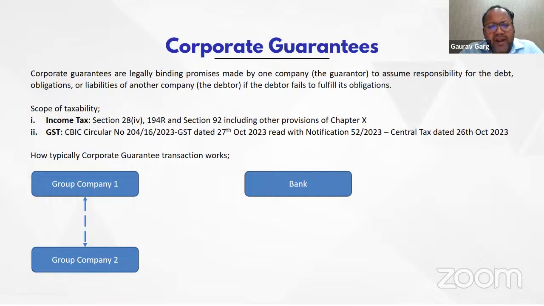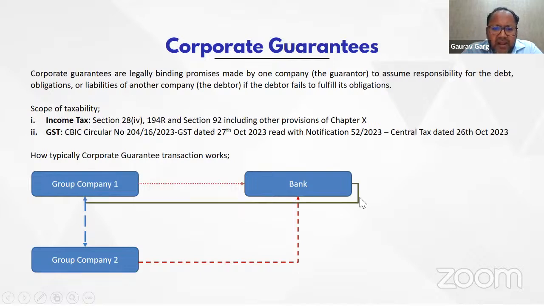Now there is a bank or financial institution. One of the companies goes to the bank or financial institution for the funding requirement, for the loan requirement. The other group company gives a guarantee to the bank, and this guarantee is called a corporate guarantee. Based on this guarantee, the bank gives the loan to group company number 1.